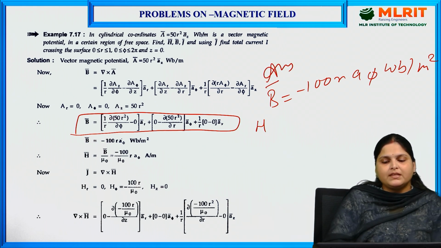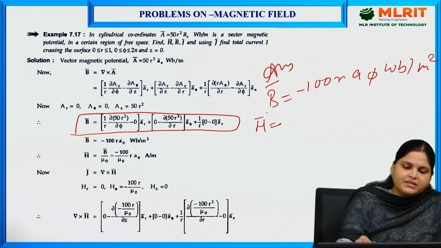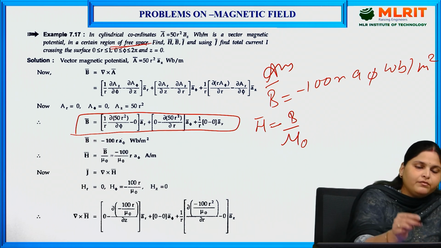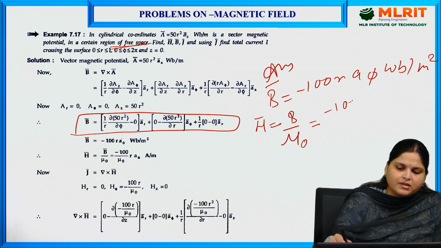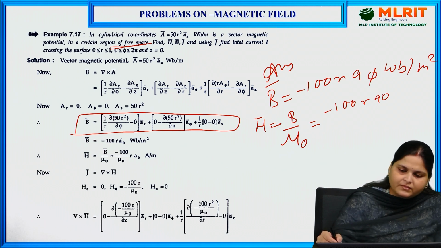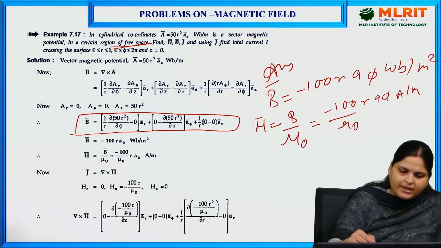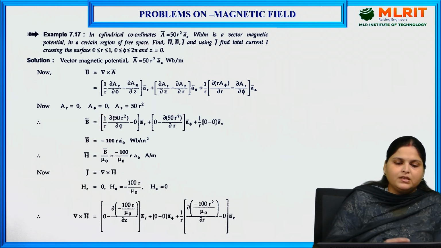Now from flux density we can find out field intensity, and the formula is B equals mu H. That means H equals B by mu. Now mu is equal to mu naught mu r, but we will take mu naught because in the question free space is mentioned. So now we can put it here, minus 100 r a phi divided by mu naught ampere per meter, and this is H. Now from here J can also be found.